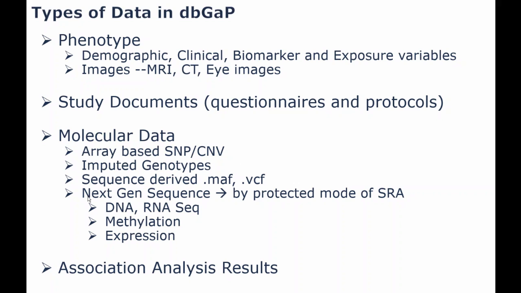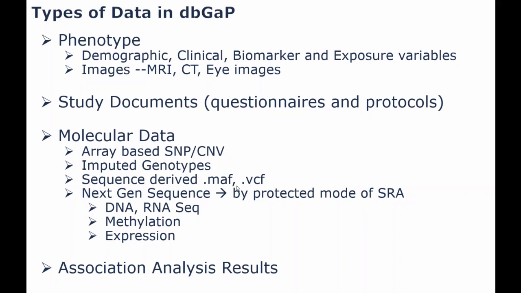And increasingly we're seeing next-gen sequencing submitted to dbGaP studies along with the phenotype and study documents. This is all housed in the SRA, the Sequence Read Archive here at NCBI, but it's the protected mode of the Sequence Read Archive, so it's behind all the firewalls that dbGaP has also.